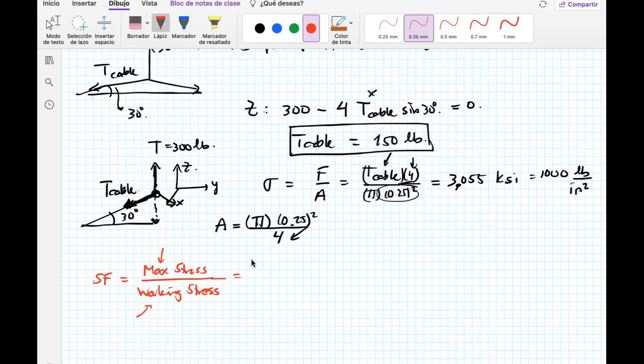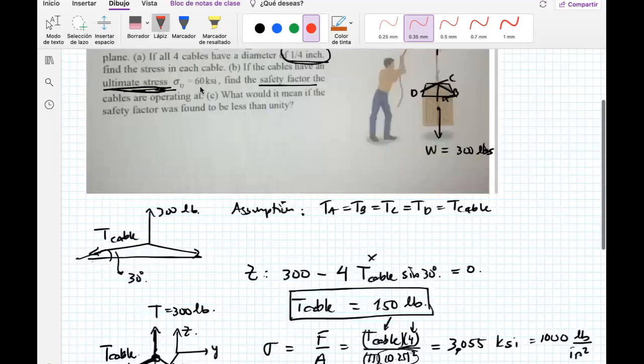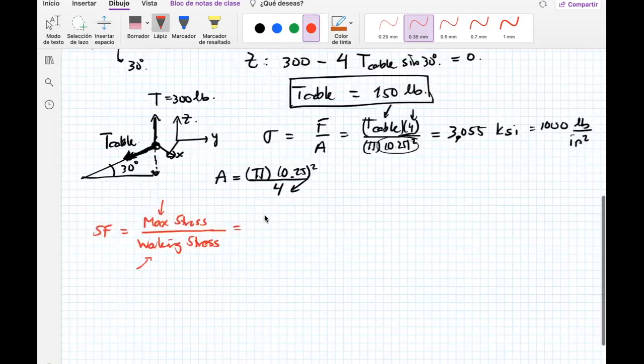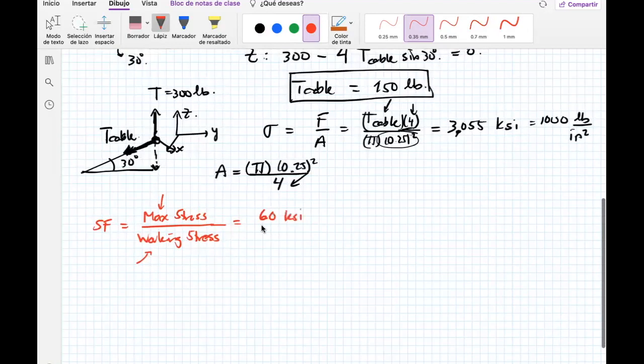So the ultimate one is 60 KSI. Meanwhile, the working stress is 3.055, which is going to give me a really large safety factor, which in this case is 19.63. This has no units, so you can say that the safety factor is around 20.